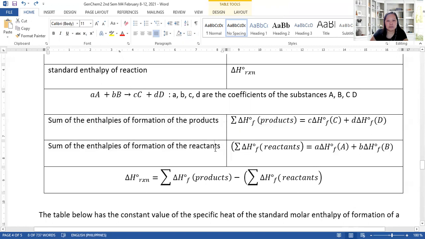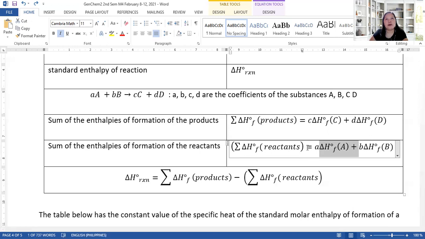You combine the enthalpy of formation of the letter a and the letter b. If in the chemical reaction you see in the reactants oxygen plus hydrogen, you find the value of hydrogen and of oxygen, and you combine them together with the coefficients of these two elements or molecules.